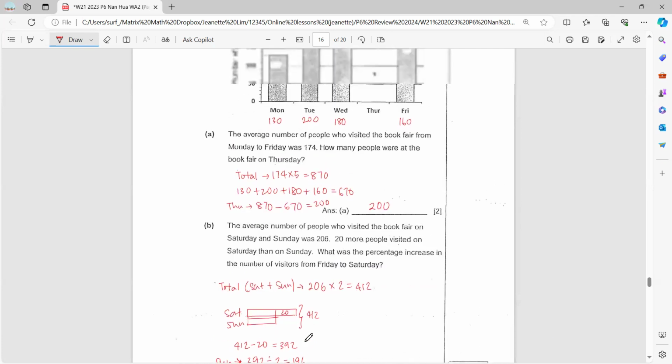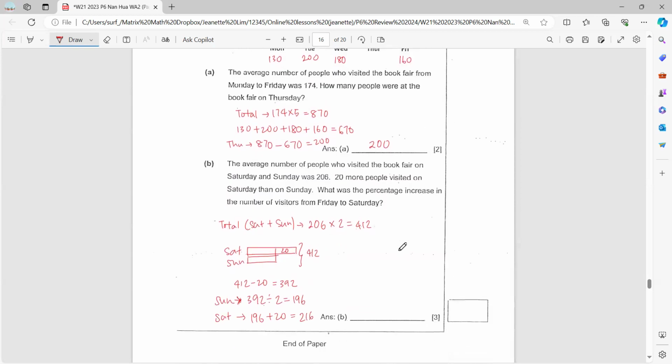We're comparing percentage increase from Friday to Saturday. I've got Saturday, I've got Friday. Firstly, percentage increase means increase over original times 100%. So I need to find the increase first. Increase from 160 to 216. So 216 minus 160 is 56.